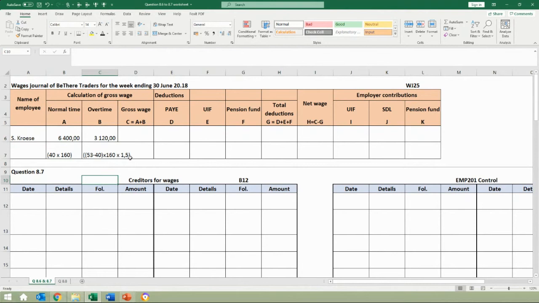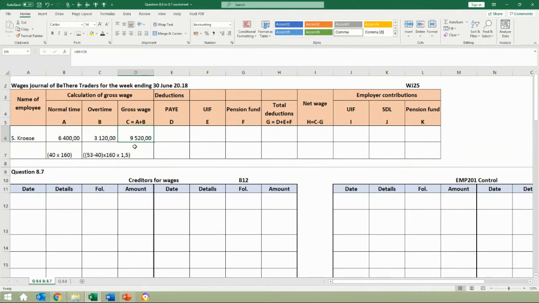So we multiplied it with 1.5 times to get to the answer. Then the gross wage is our normal time and overtime added together, which gives us a gross wage of 9,520.